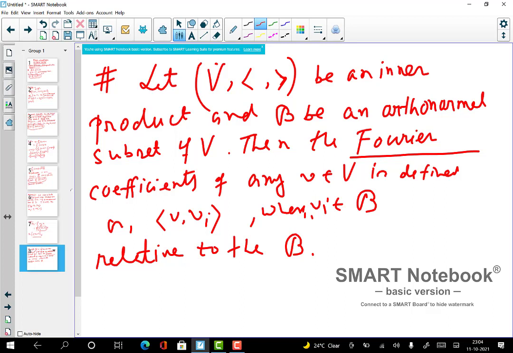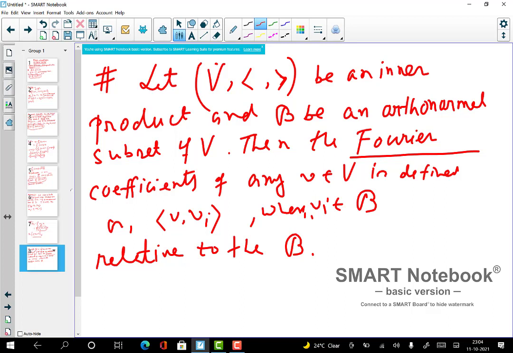But this Fourier series, everything you will learn later, much later, maybe in the course of functional analysis or other things. Okay. But remember, for an infinite vector space, for any vector, you can find the Fourier coefficients and Fourier series, but you cannot say that they are equal.